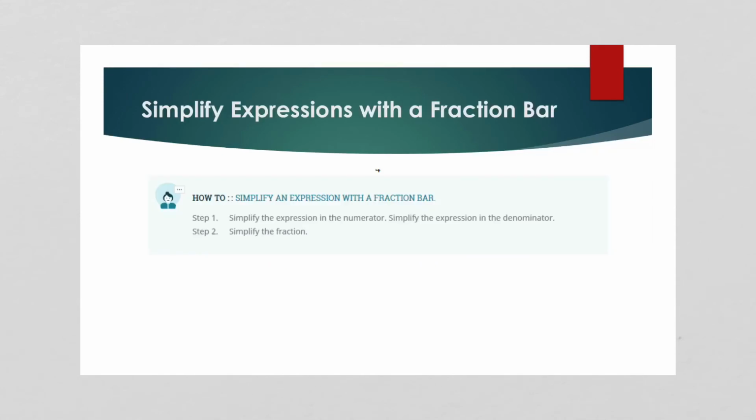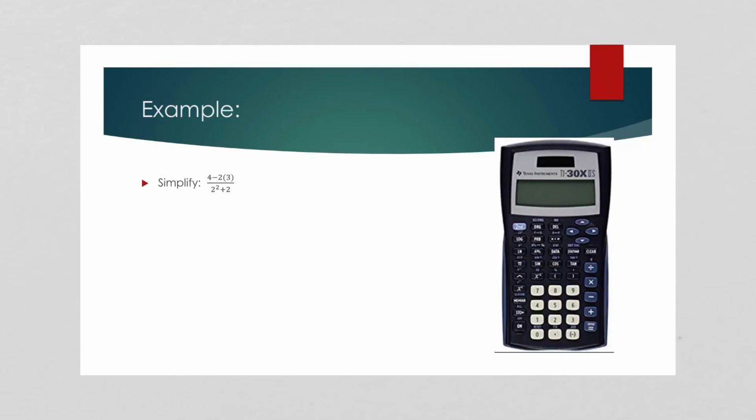So simplifying expressions with a fraction bar, just 2 steps here. Simplify the expression in the numerator, simplify the expression in the denominator, and then you simplify that fraction at the very end. Alright, so check this out. What you want to do is follow your order of operations. A fraction bar is considered a grouping symbol.